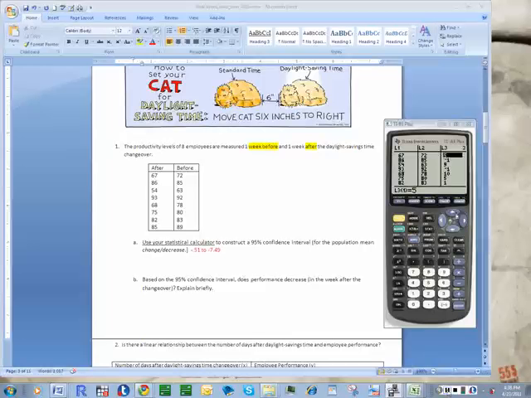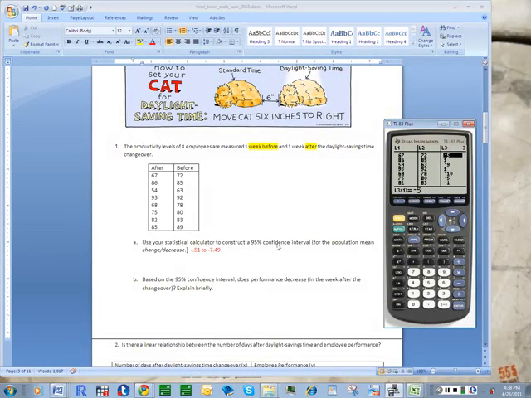or if I want to know if they went down, it should be second L1 minus second L2 enter.